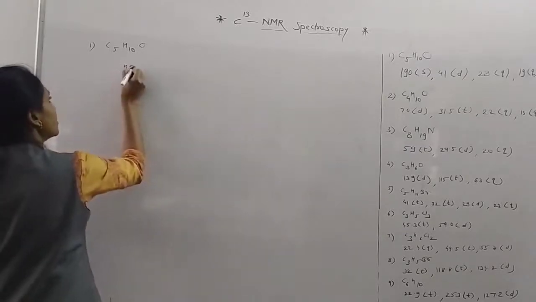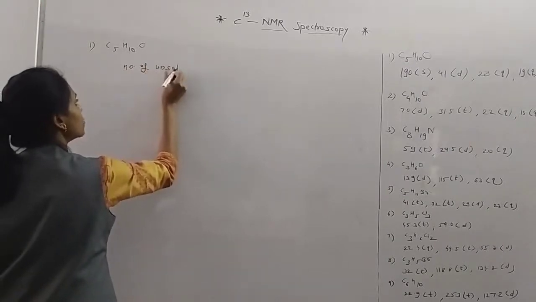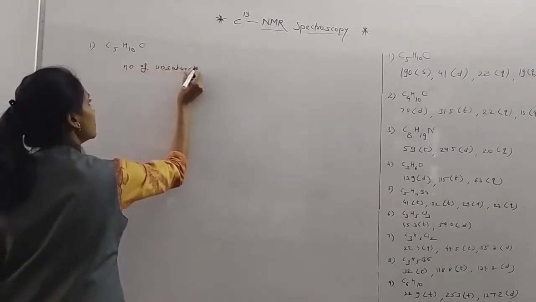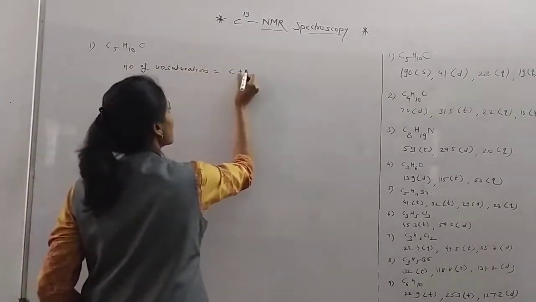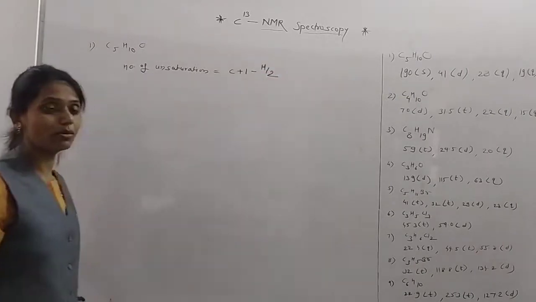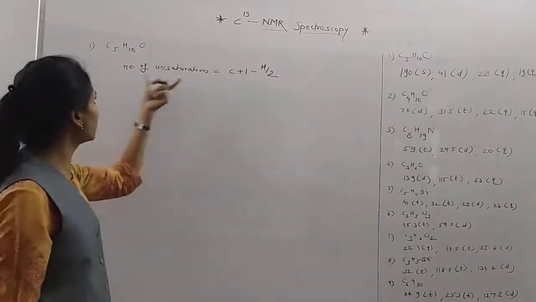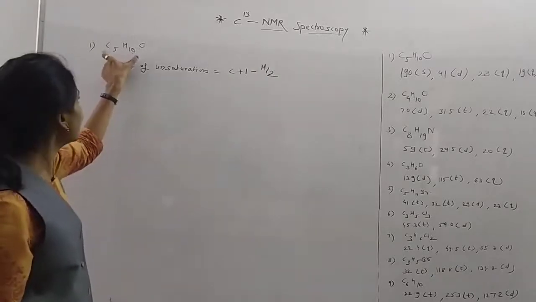For this I have written the formula here: number of unsaturation equals C plus 1 minus H by 2. This is the formula to calculate the number of unsaturation present in the molecule.